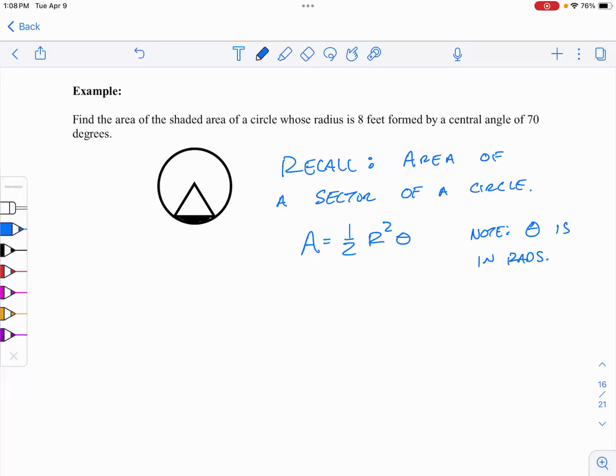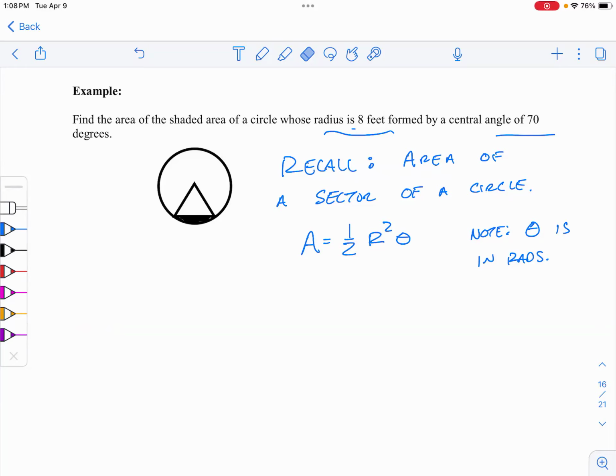Okay, all right, so let's see. All right, back to what we're doing. Area of the shaded region. So I need the area of the sector and radius 8 feet and 70 degrees. All right, so in order to find the area of the shaded region, I basically need the area of the triangle and the area of the sector of the circle. And what do I do with those two values?